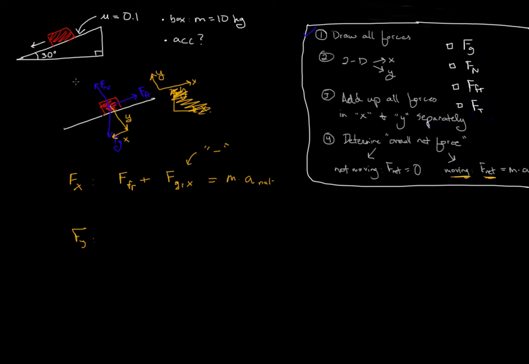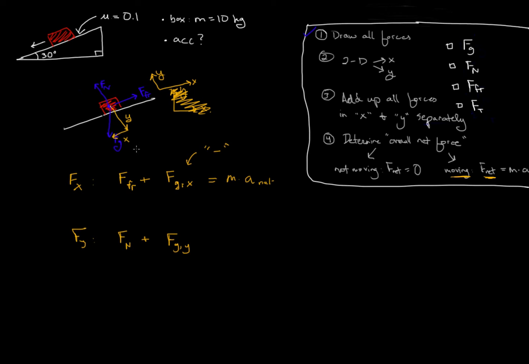All right. Let's do the y forces. So what are my forces in the y direction? Well, we have the normal force pushing up along the y-axis. You have the y component of force due to gravity pushing down, also along the y-axis.